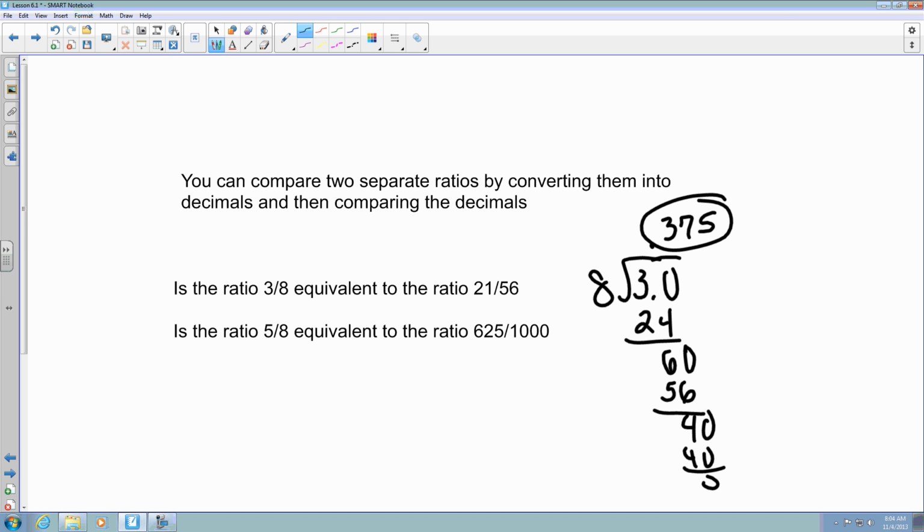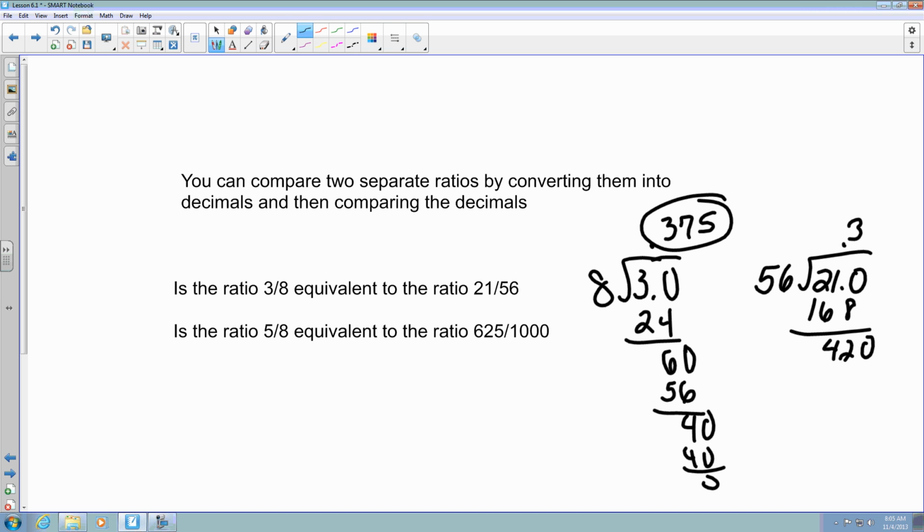If you look at 21 over 56 and do that same thing, I think this will be 3 again, so this is 168. 210 minus 168 gives me 42.